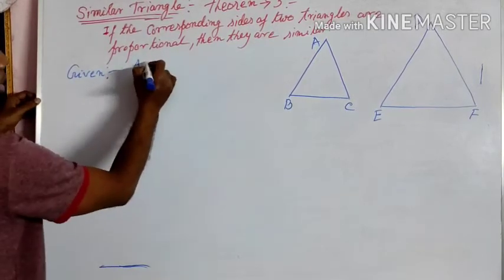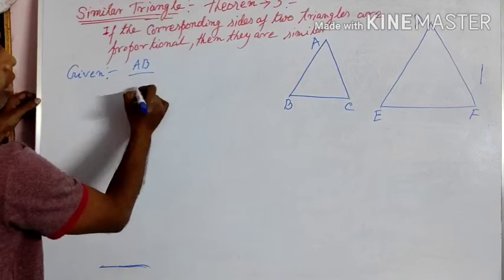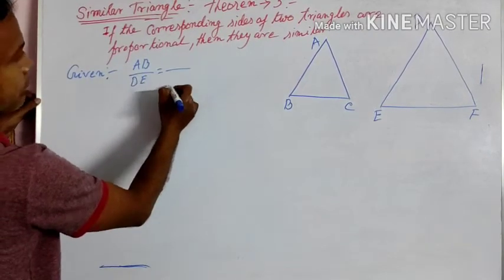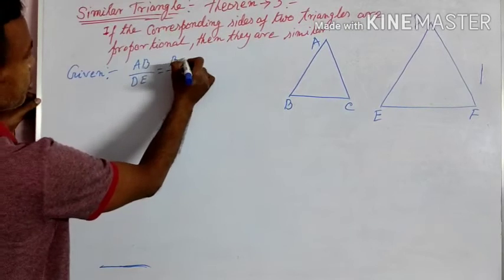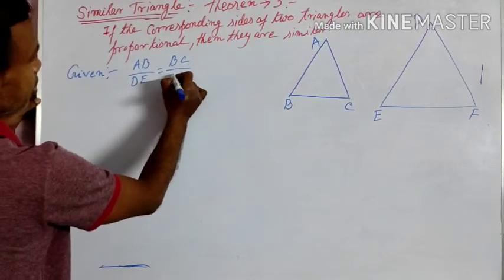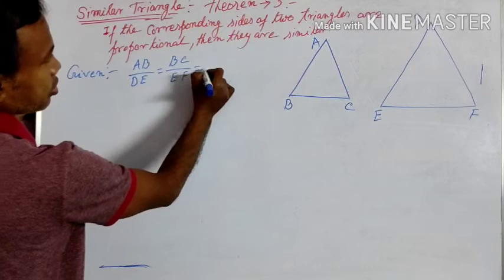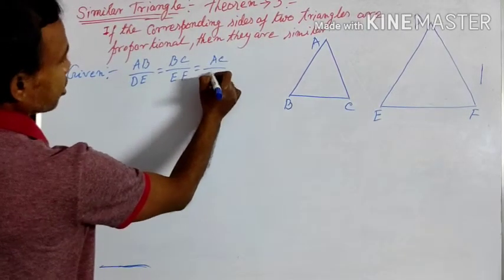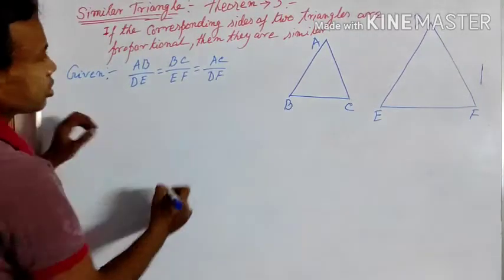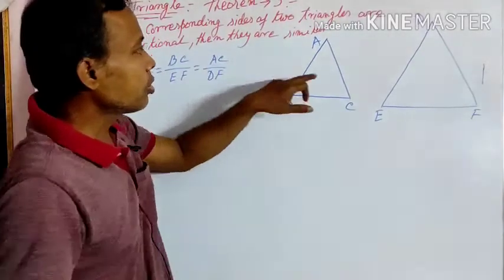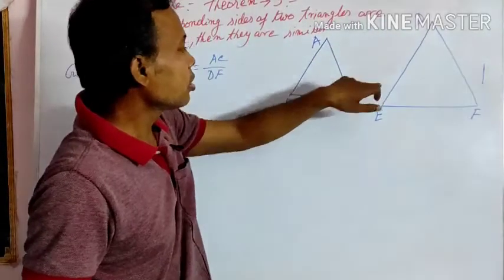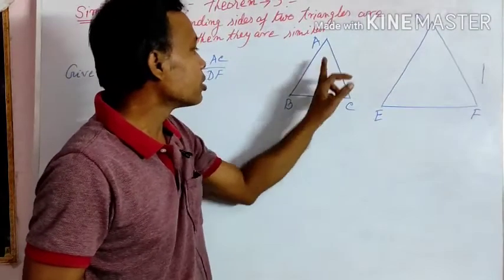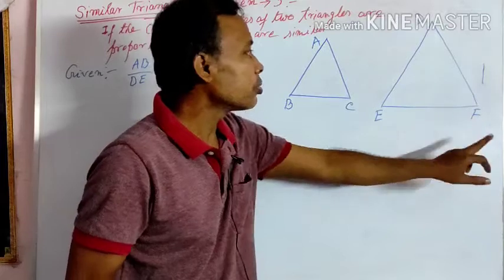Given: AB by DE is equal to BC by EF is equal to AC by DF. That is, AB by DE is equal to BC by EF is equal to AC by DF, given.